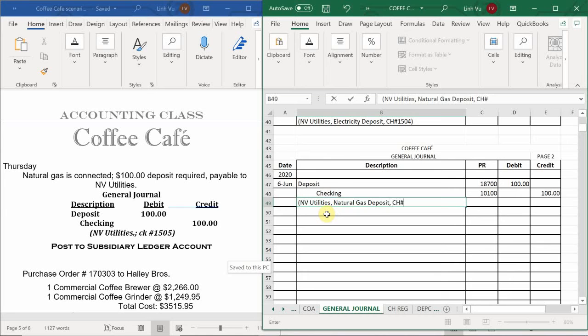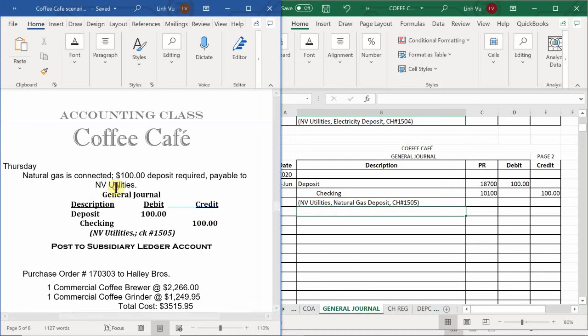And we wrote check number 1505. So here, we're just recording another deposit, but this time it's to the same place, with this one to turn on the gas.